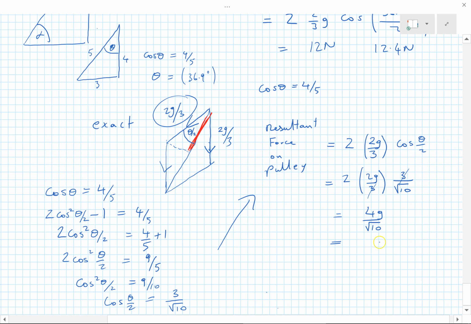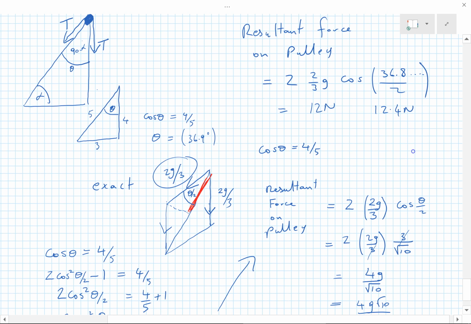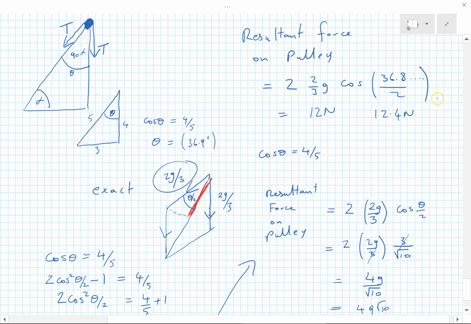We don't really like square roots on the bottom, so we can rationalise that. So that's 4g root 10 over 10, or even better, because that cancels down, 2/5 root 10 g is an exact answer. But that's not required for M1 really, because you're not expected to have C3 knowledge. So use your memory on the calculator, do a bit of trig, get a diagram, and you're done.